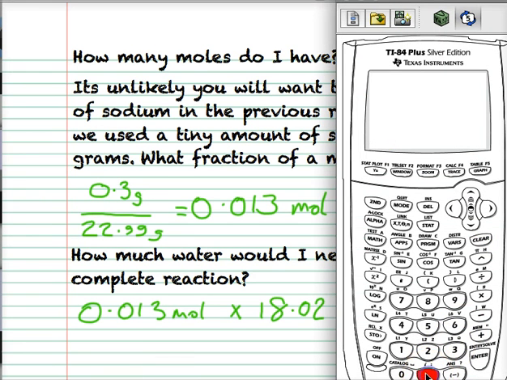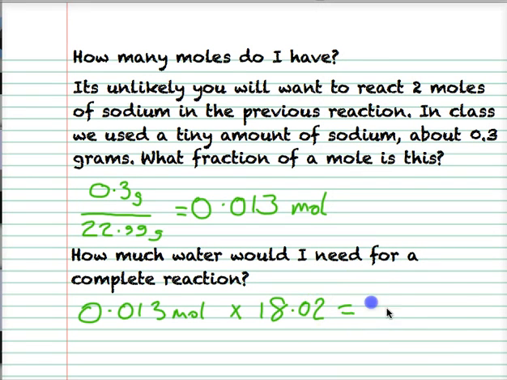So we have 0.013 moles multiplied by 18.02, the molar mass of water, and I get 0.23, let's round it to 2 significant digits, 0.23 grams of water. So let's write that down. 0.23 grams of water.